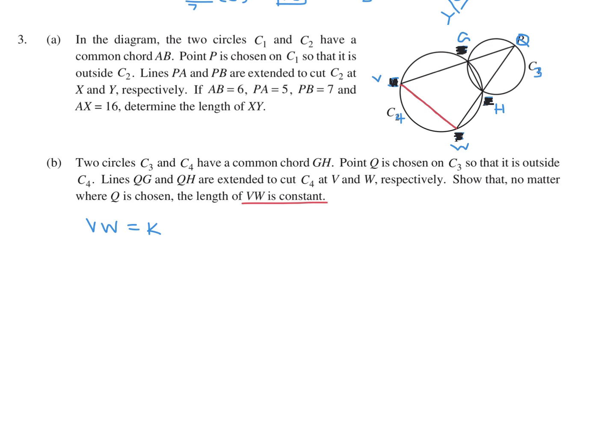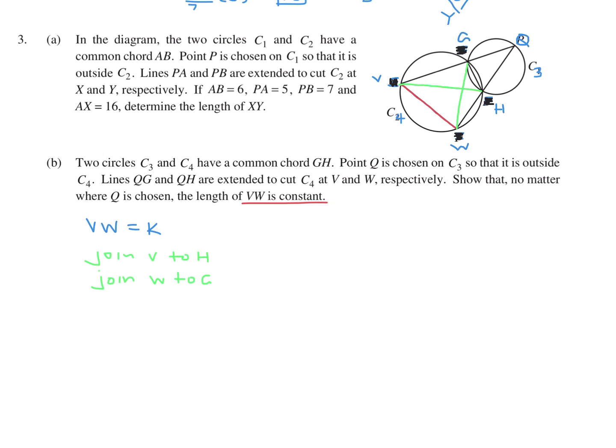And then we'll join V to H, like that. And then we will join W to G, like that. And those are straight lines, or at least they should be straight lines.